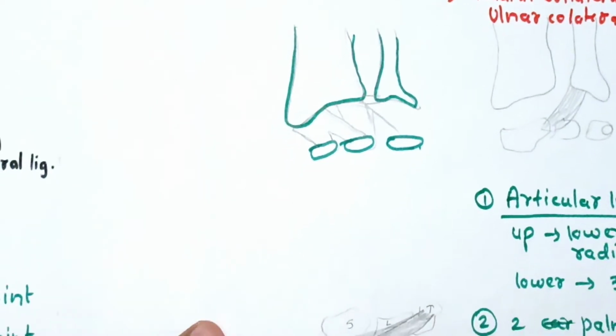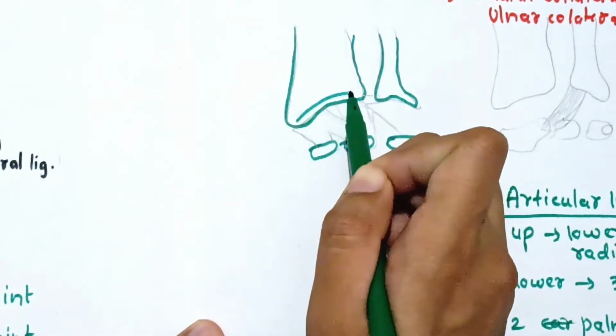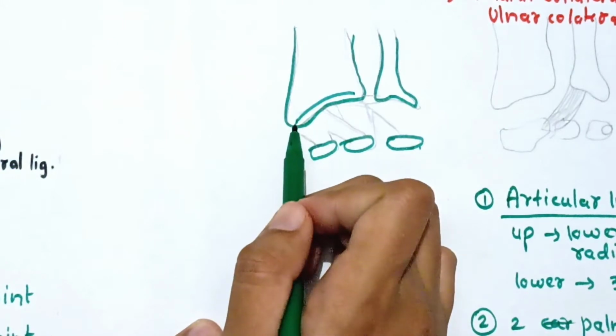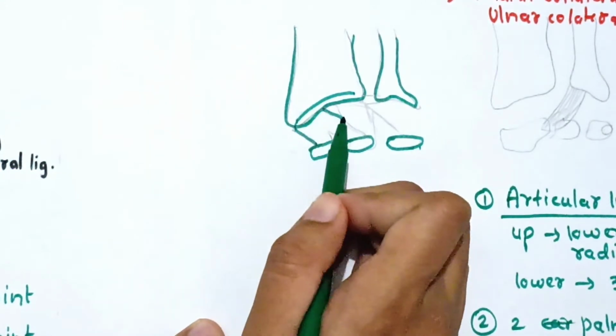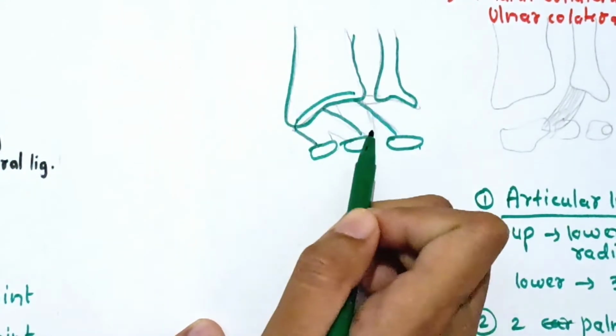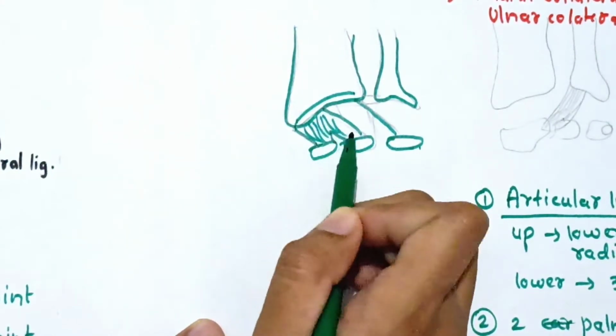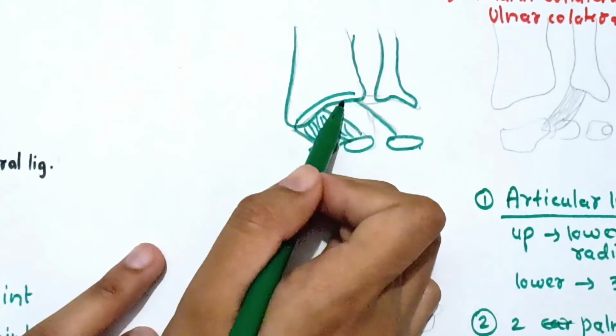This ligament is originating from the lower margin of the radius bone and inserting on these 3 carpal bones. So this is the radiocarpal ligament.